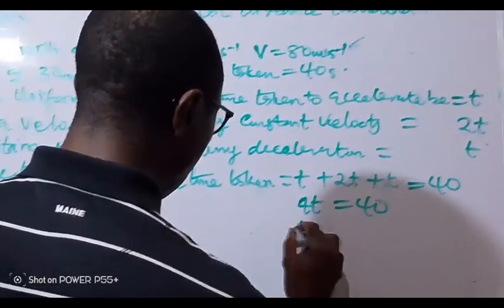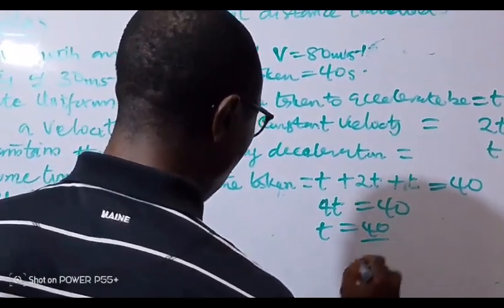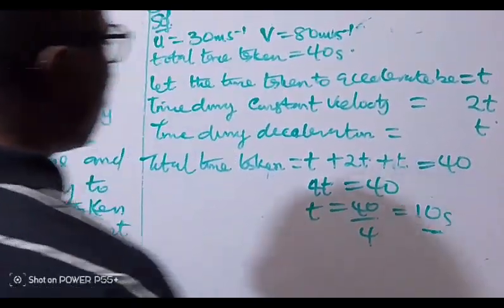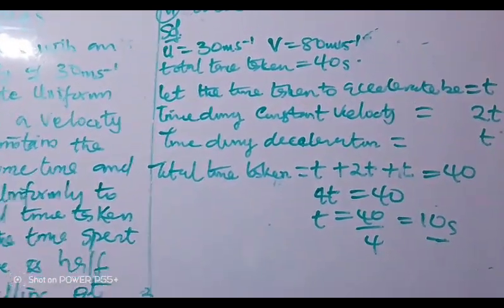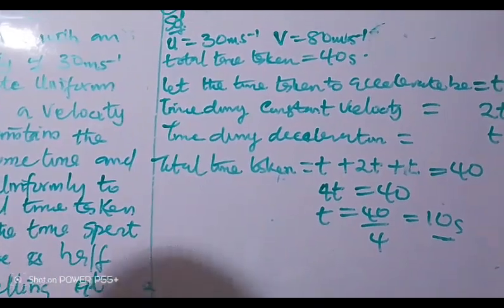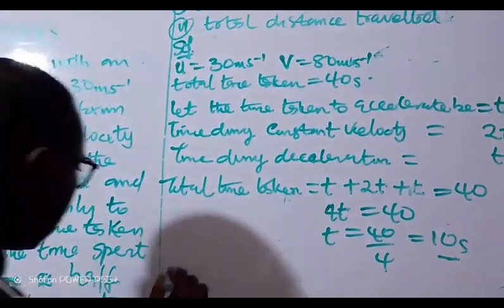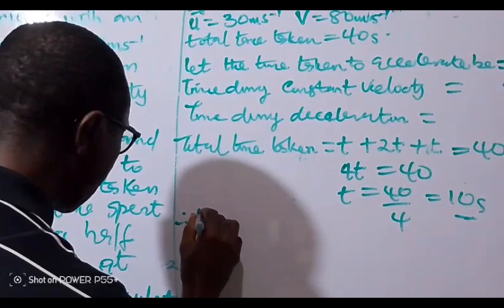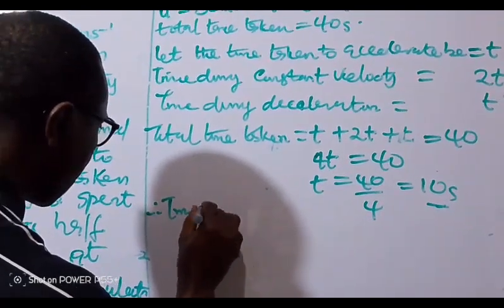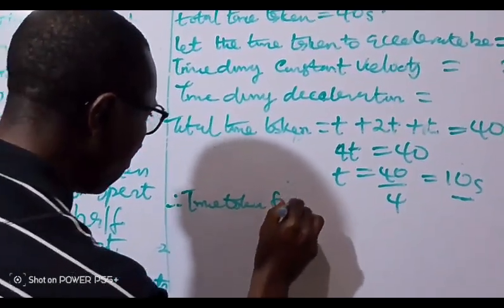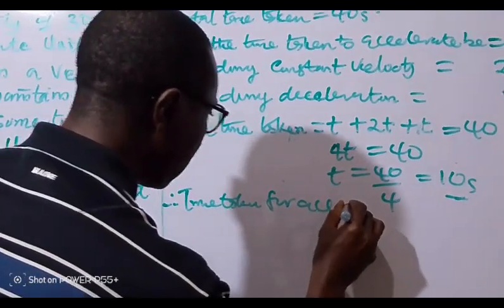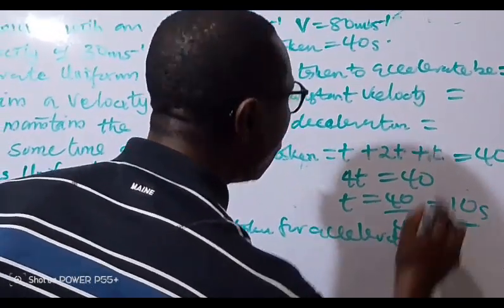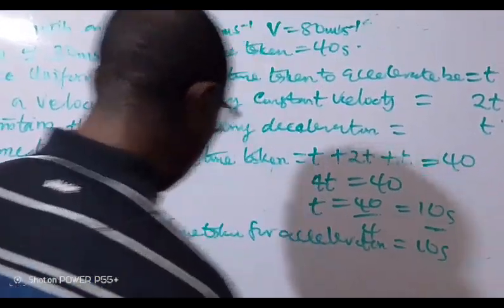So t now is equal to 40 over 4, which is equal to 10 seconds. That means the time taken for acceleration will be equal to 10 seconds.